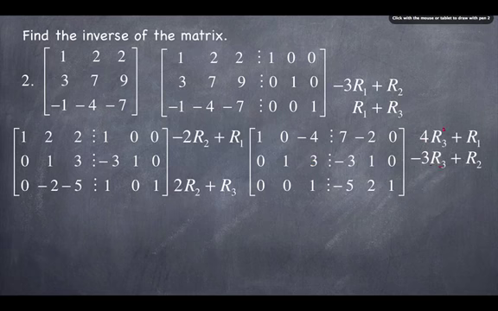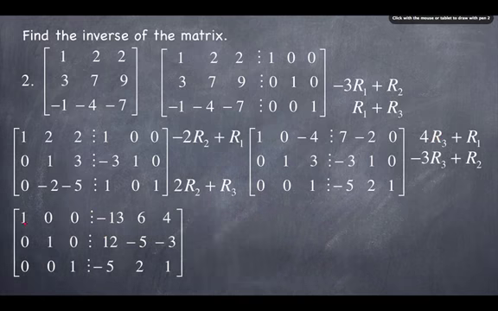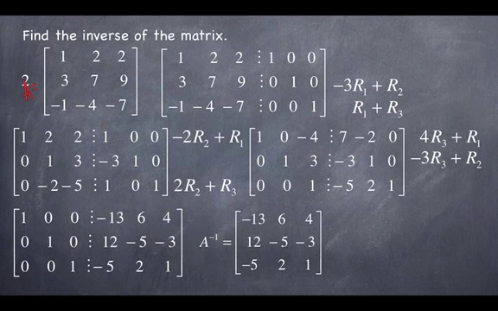So I perform the following row operations. And this is what I have. I have the identity on the left hand side, and on the right hand side, I have the inverse. So if I'm calling this A, the inverse is equal to what you see here. Let's move on to the next slide.